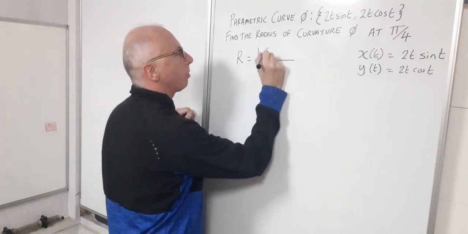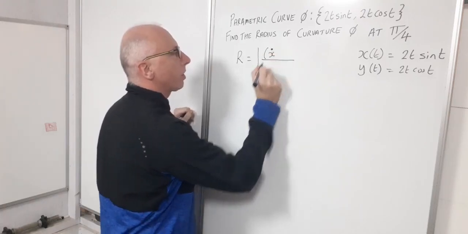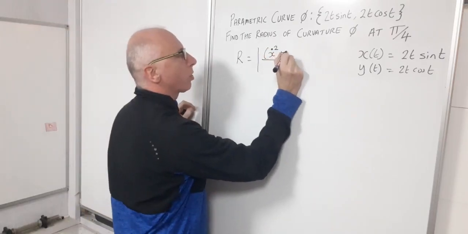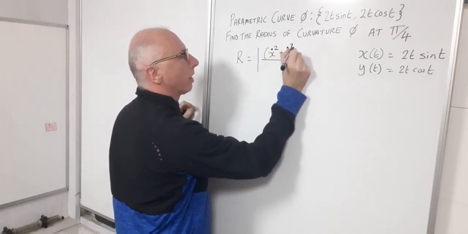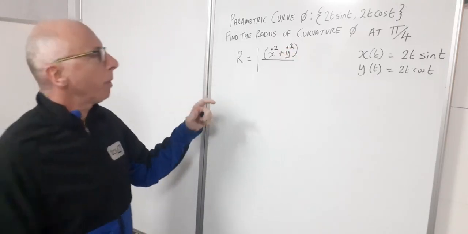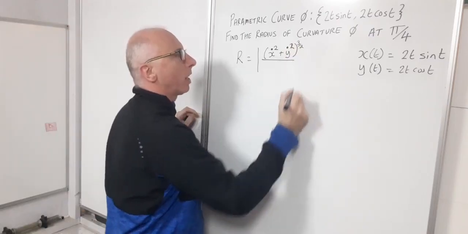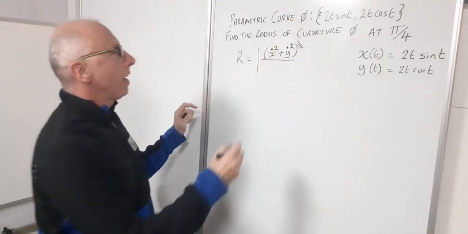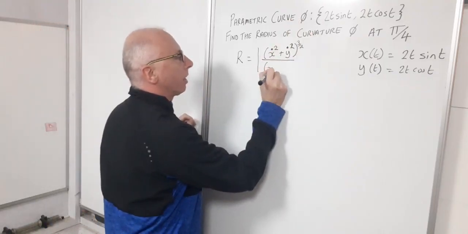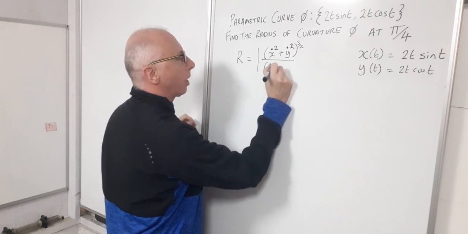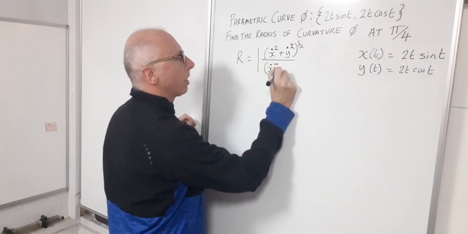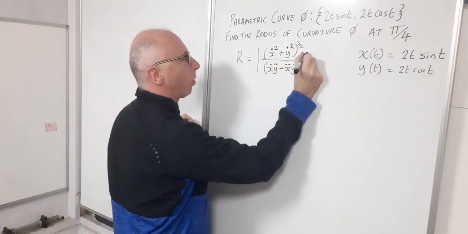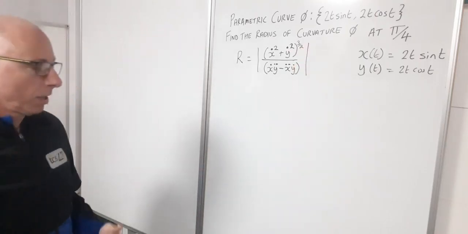So what we have in the numerator, we have the first derivative, so x dot, I'll come to that in a moment, and that's squared, plus y dot squared, so I'll come to that as well, and that's raised to the power of 3 over 2, very similar to the radius of curvature for a curve that's not defined by parametrics. And then we divide that by the first derivative of x multiplied by the second derivative of y, and subtract the second derivative of x and the first derivative of y. And then we close off the absolute value.